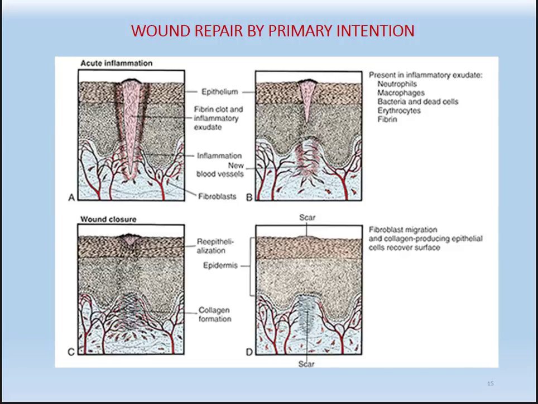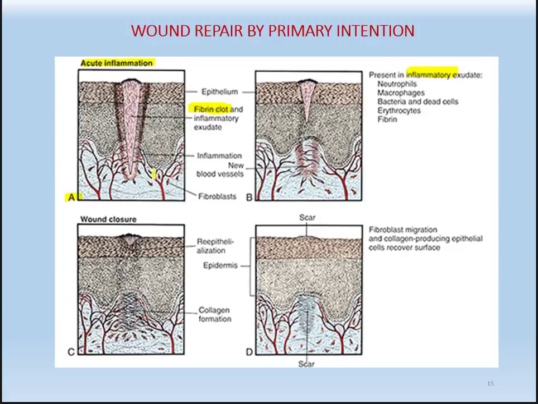So looking at each of the individual images here, within what we're going to be seeing is clot formation. So the fibrin clot forms, just pointing out some of the main features. In B, we're going to be seeing the activation of these inflammatory cells, neutrophils, macrophages, etc. We've spoken about this already.